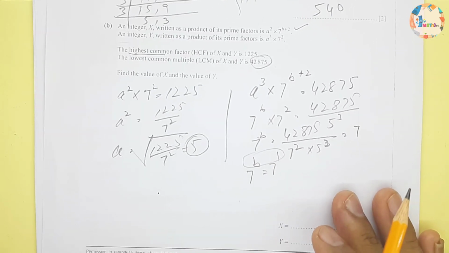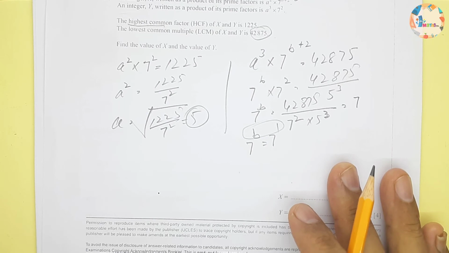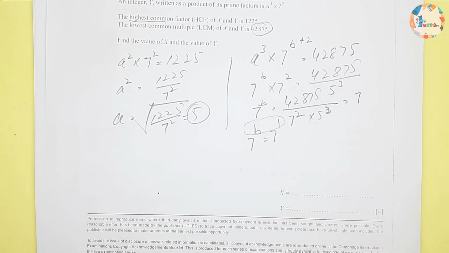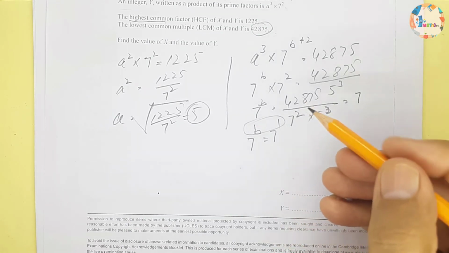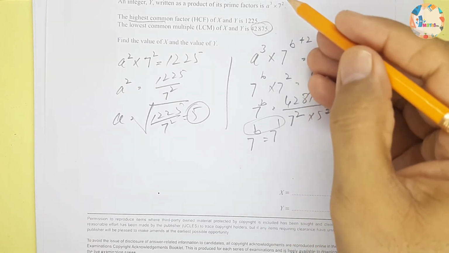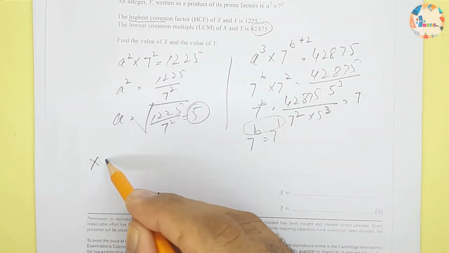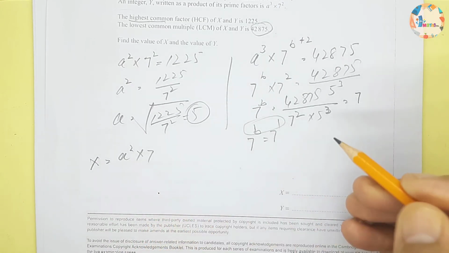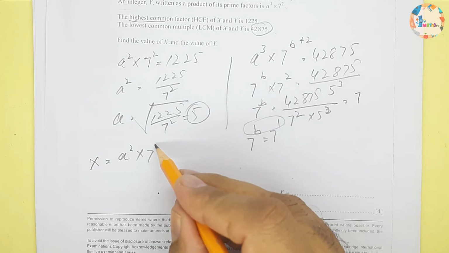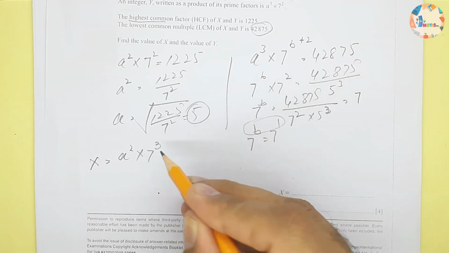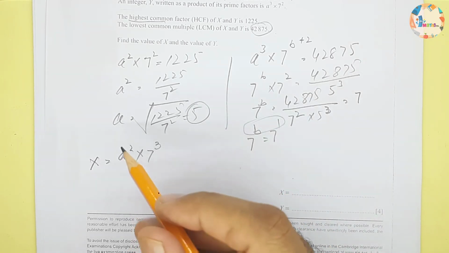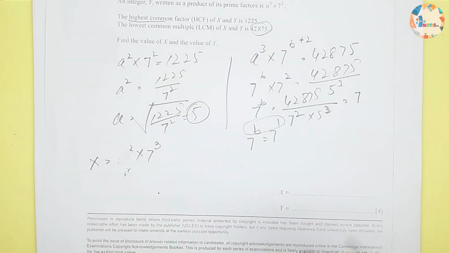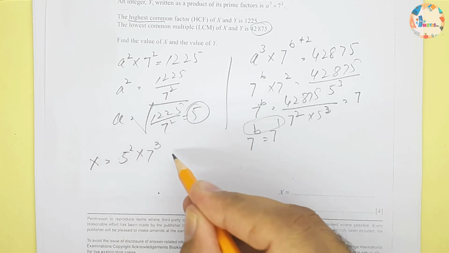So our answer will be b is equal to 1, and these values we will be replacing in these two. For example, x is equal to a square into 7 raised to b plus 2, b value is 1, so 1 plus 2 is 3, and a is 5, so we replace this as 5 square.